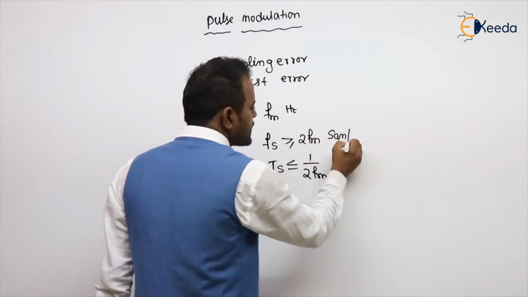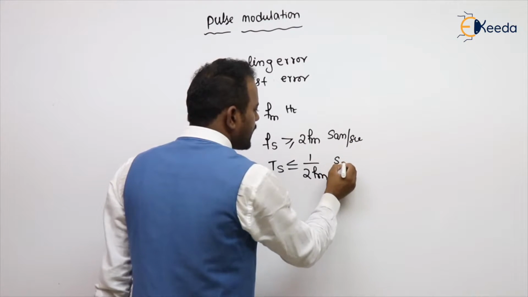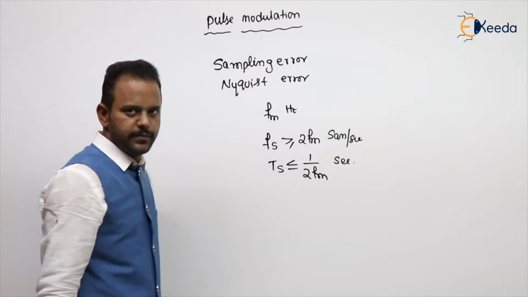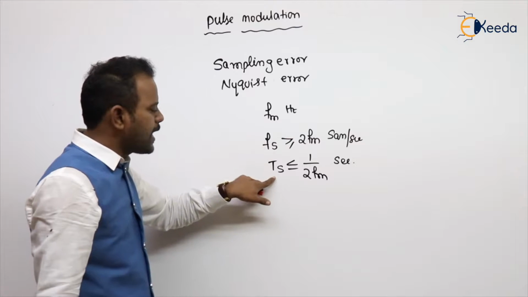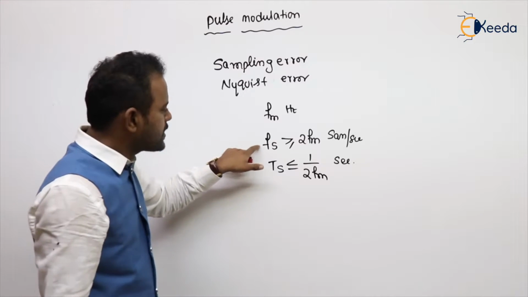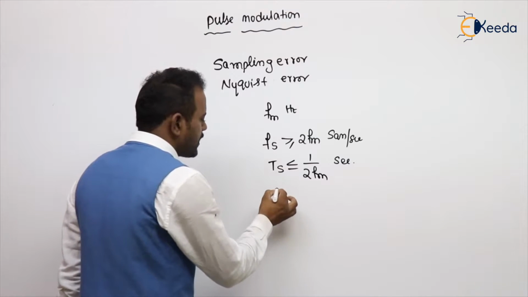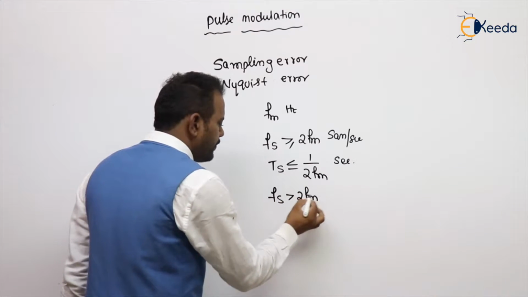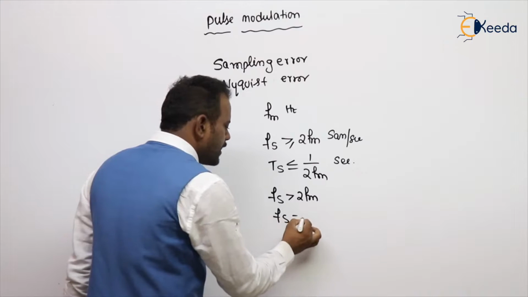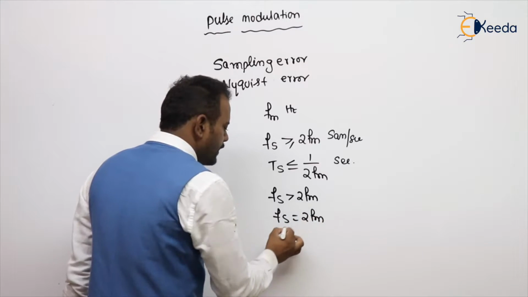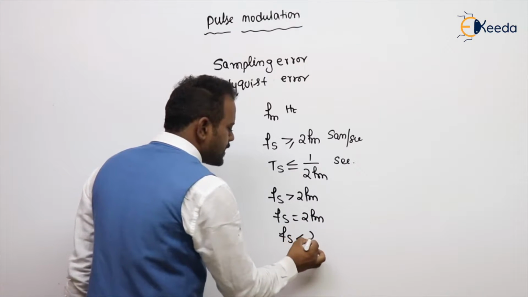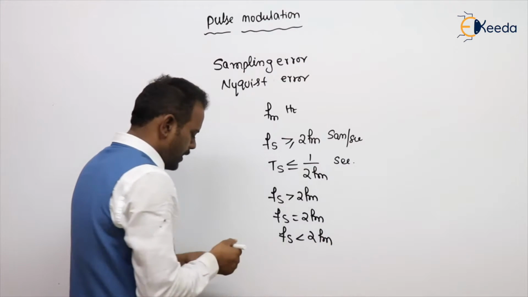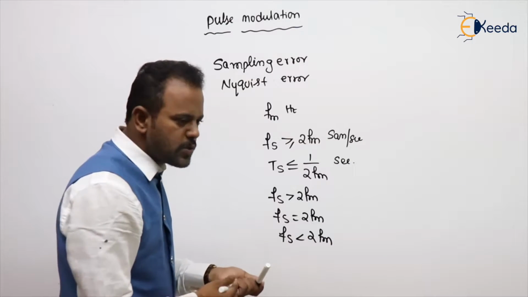The units of the sampling rate are samples per second. Here the units of the sampling interval are seconds. There are three conditions, students: fs greater than 2fm, fs equal to 2fm, and fs less than 2fm.